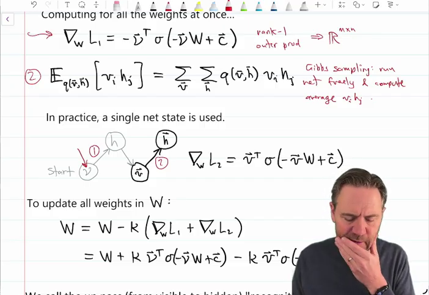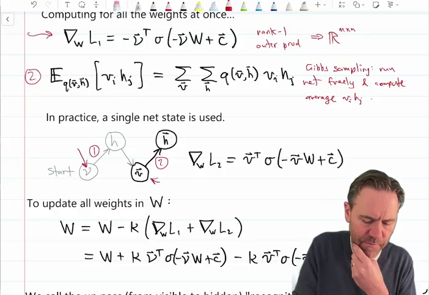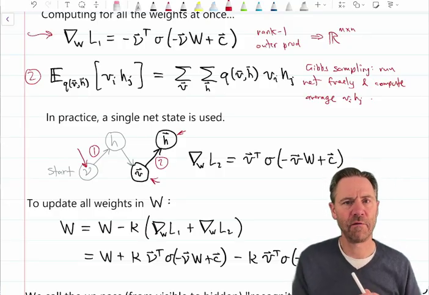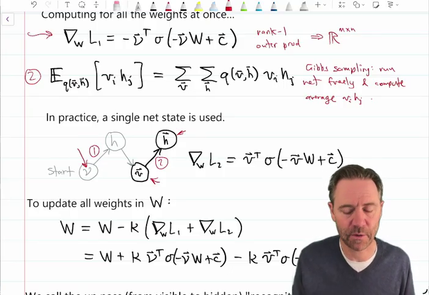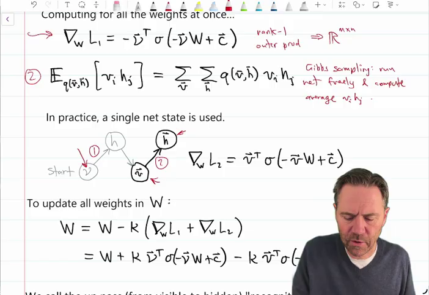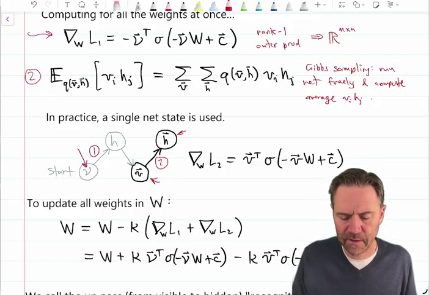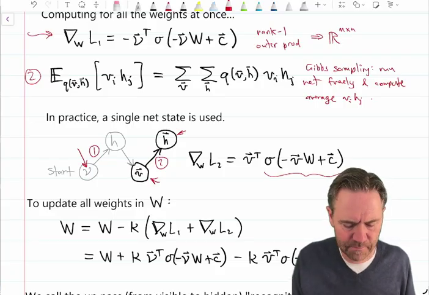And we use those two states, this V and this H, as a single sample from Gibbs sampling, basically Gibbs sampling with just one sample. And so we can compute them all at once using this vector matrix notation. And again, we can use the H probabilities.